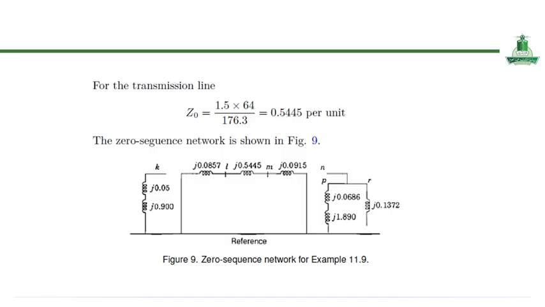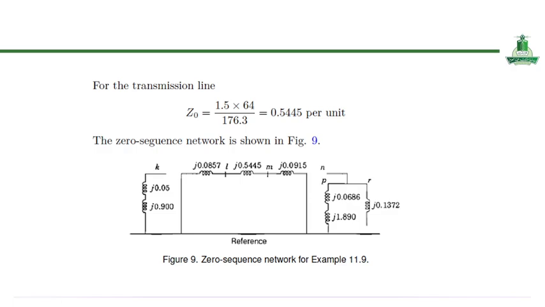On the right hand side, the motors are modeled with their respective zero sequence reactances. We have these two zero sequences as we calculated in the previous slide, along with the grounding impedances, which is equal to j1.890 for motor 1.